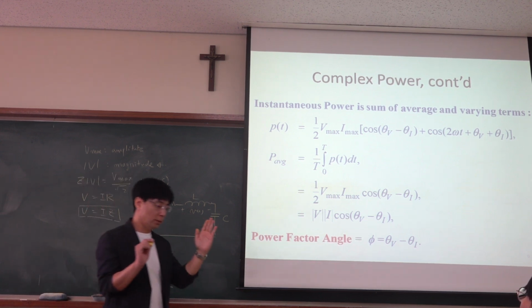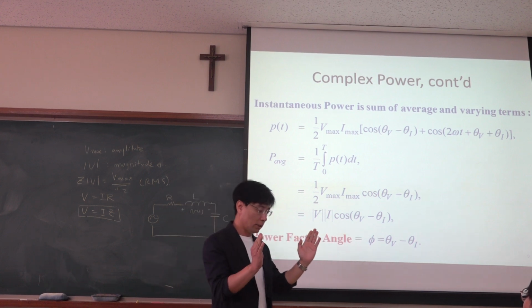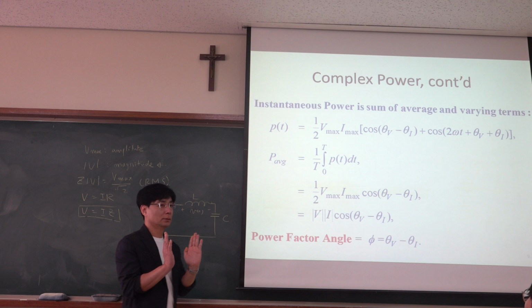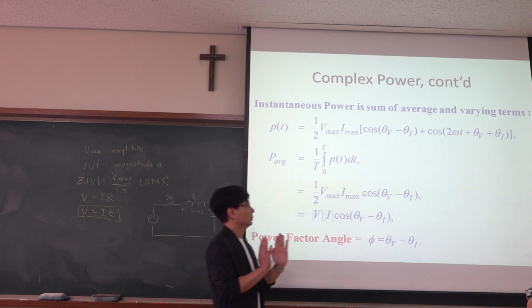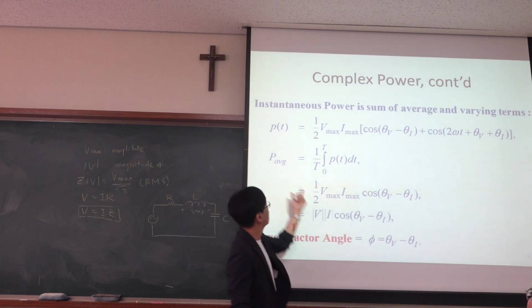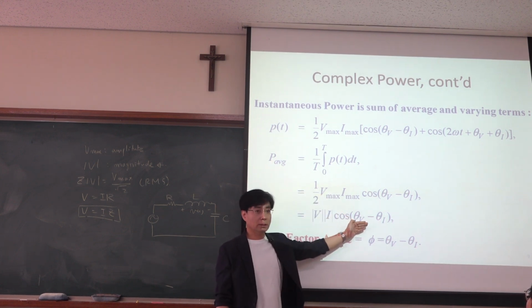That means the phase of voltage and phase of current are the same. Cosine 0 is 1, so this average power is maximized.